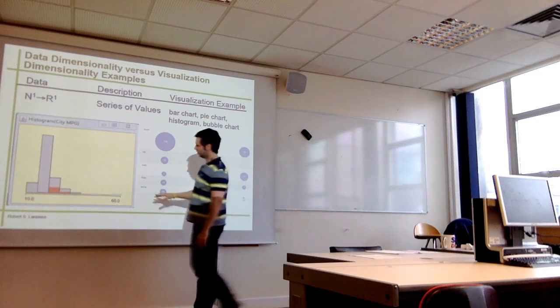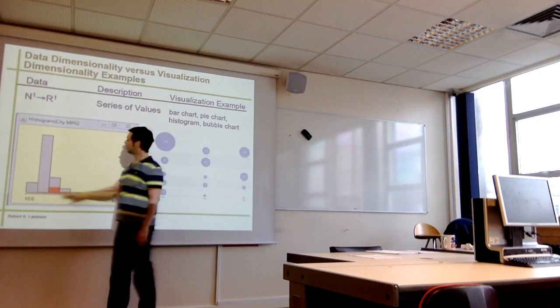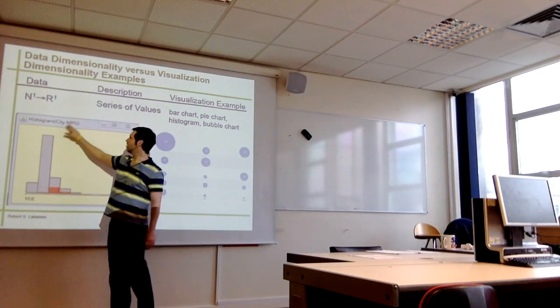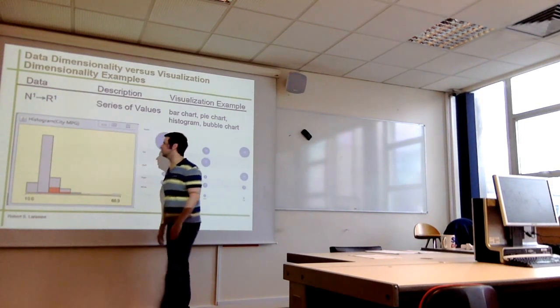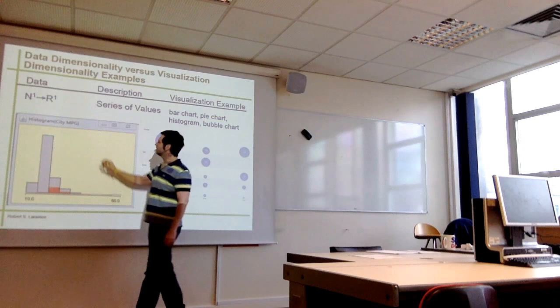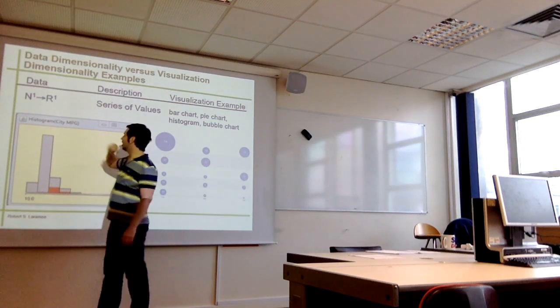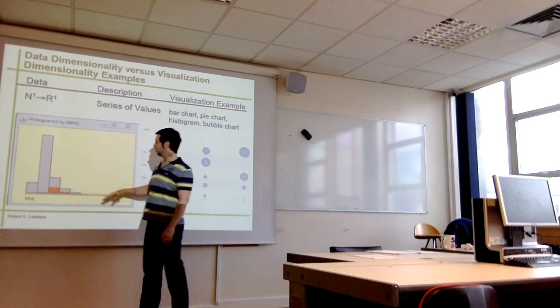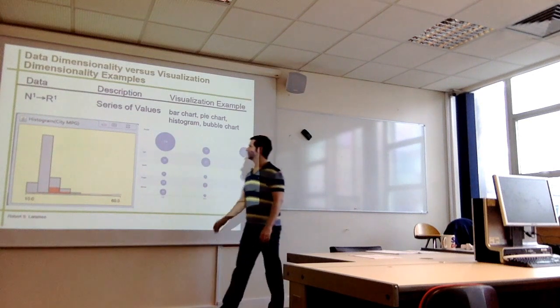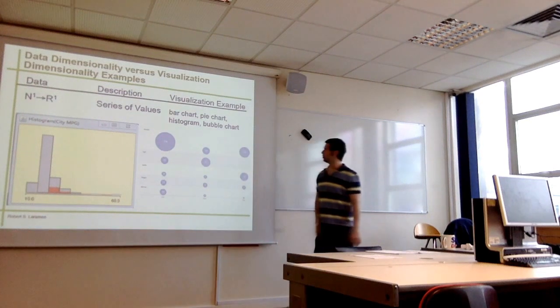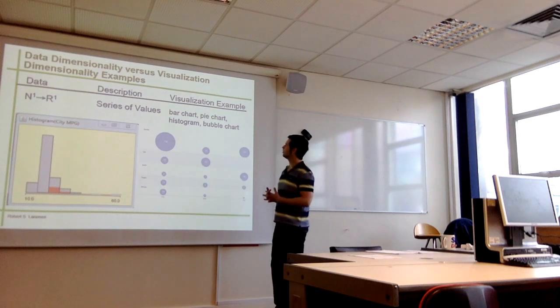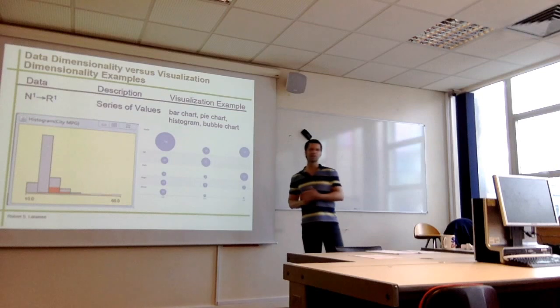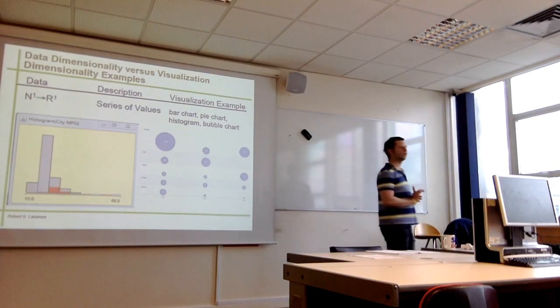So in this case, a set of test scores or city miles per gallon is mapped to height. So there's just one dimension. The N in this case is city miles per gallon, and then the height is the real number, right? So these are just some examples. They're not really important. Bar charts, pie charts, histograms, bubble charts all fit into this category, right?